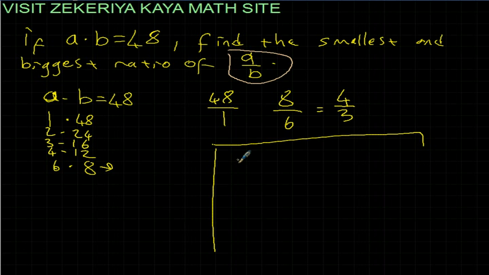I will make it A plus B over A. Find smallest and biggest ratios for this. Yes, A plus B over A. What does it make? A times B is equal to 48. If A times B is equal to 48, find the smallest and biggest ratio for this.